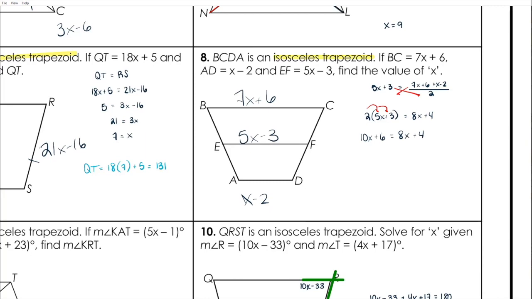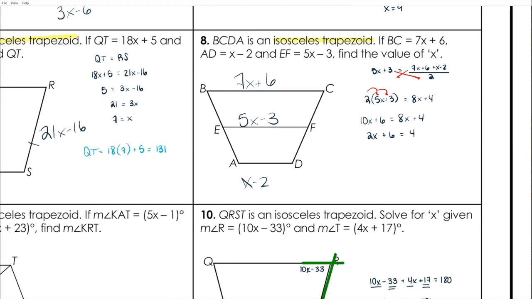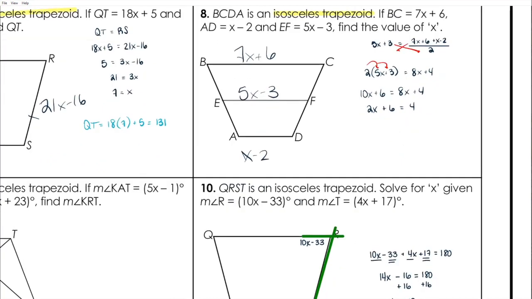Now we've got a variable on both sides. So we're going to subtract 8x from both sides.